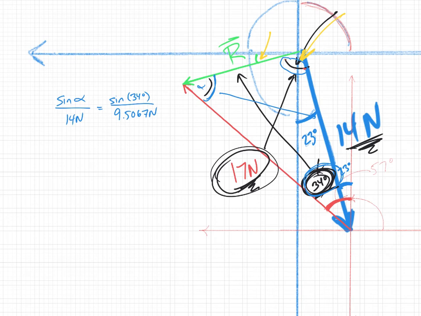The nice thing here is that with this angle, if I've done a good job drawing, I can tell it is less than 90, so I don't have to stress too much.